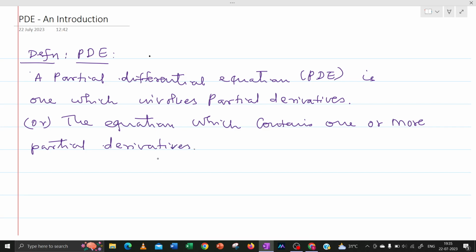So we can now ask the question: what is meant by partial derivatives?